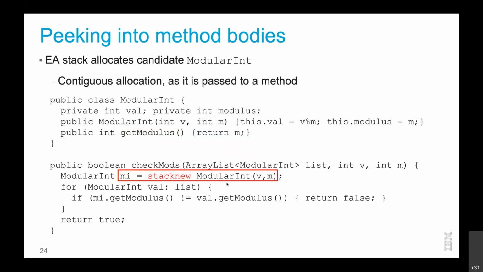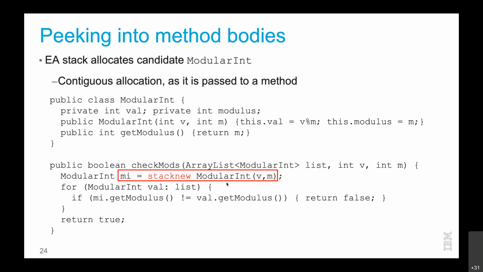Because the candidate object is being passed as an argument, or this pointer, on a method, that method could also accept ordinary heap allocated objects. So as I said earlier, that means the object has to be contiguously allocated.